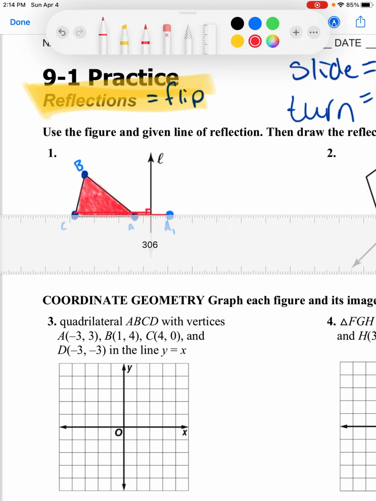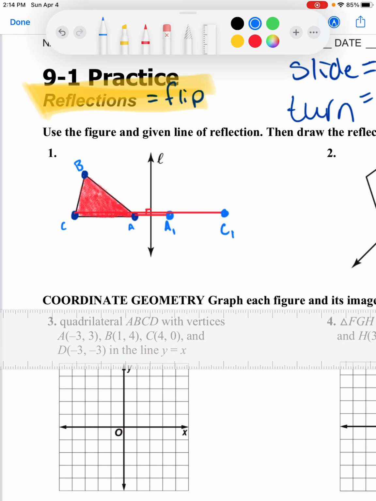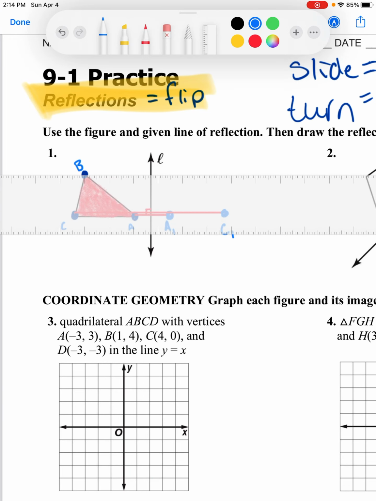So I would say, okay, C to the line is 306, so I need to go to 612, and we're not going to go past it this time. There we go, 612. Then we draw our new point and call that C sub 1.